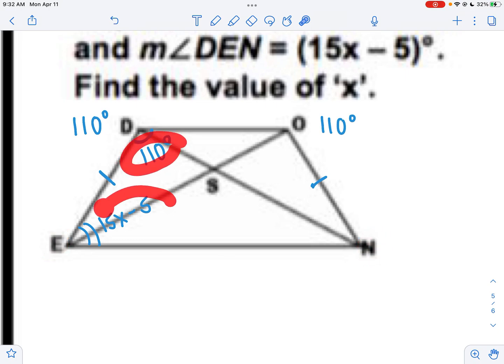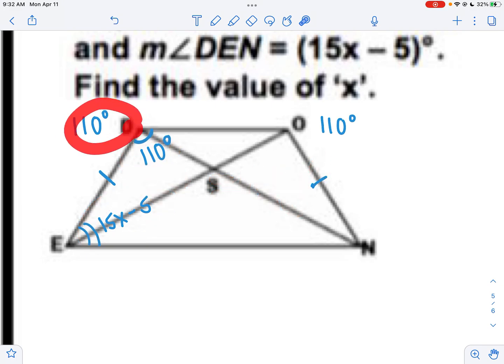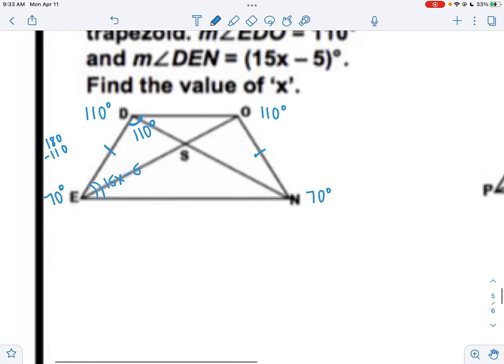Remember that these should add up to be 180. So I could do part plus part equals 180. But I also know that this is 110. So if I do 180 minus 110, that's going to tell me what angle E is. So 180 minus 110 would be 70 degrees. And if angle E is 70, then angle N should also be 70, because it is symmetrical, because it's isosceles.